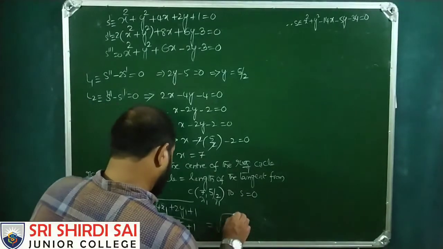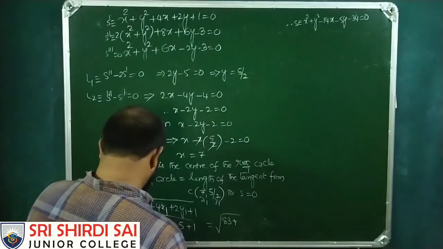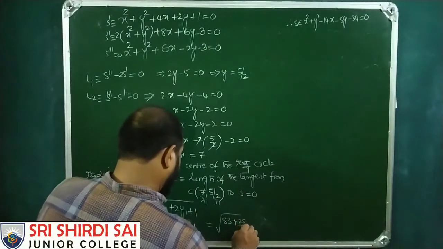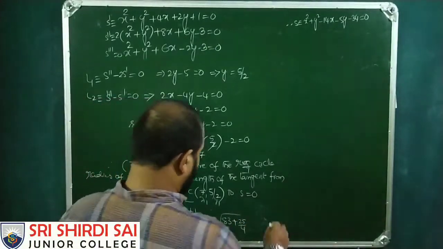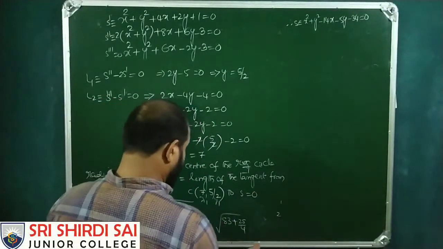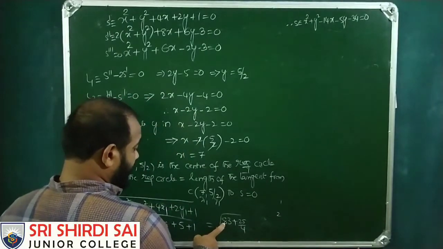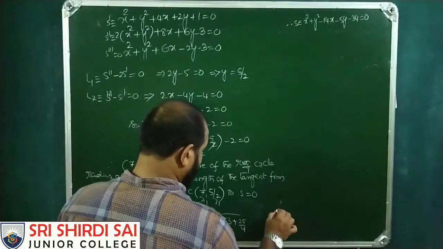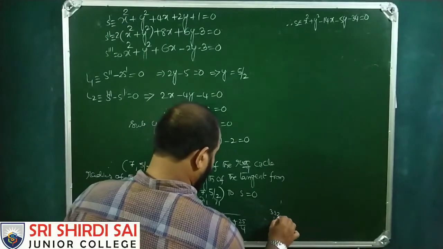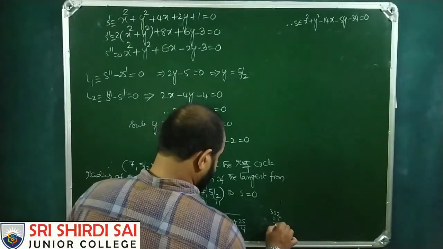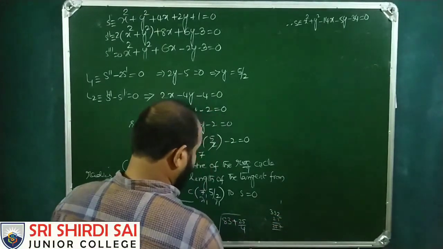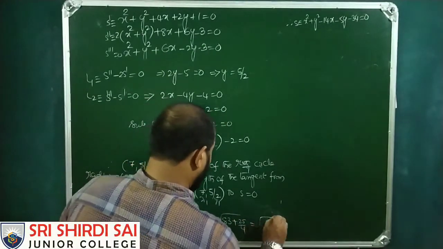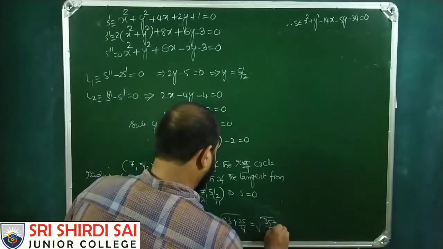So this is equals to 83 plus 25 by 4. So 4 3s are 12, 4 8s are 32 plus 1, 33 plus 25, 357 by 4. This is equals to root 357 by 4.